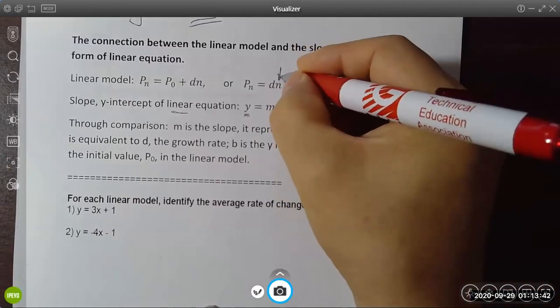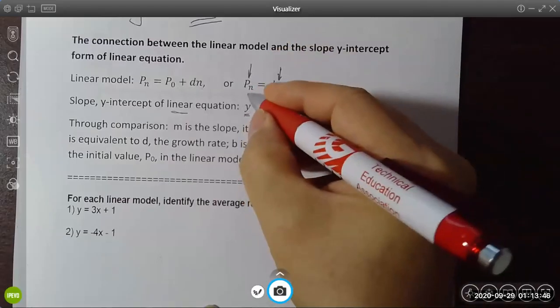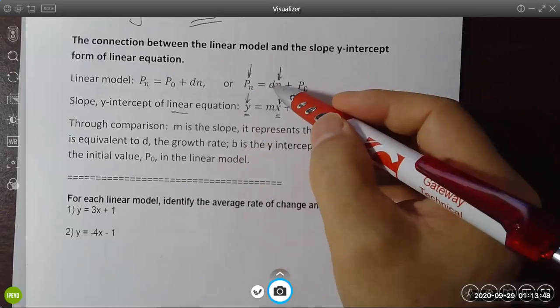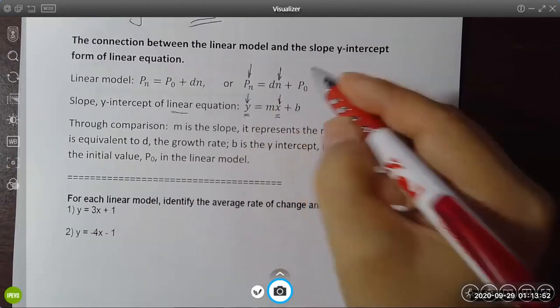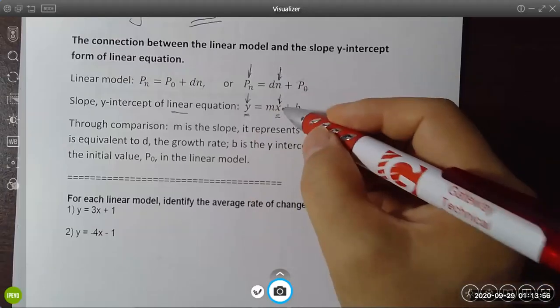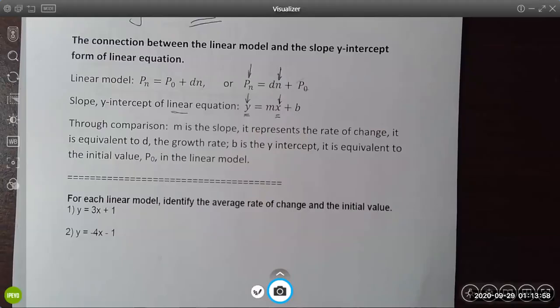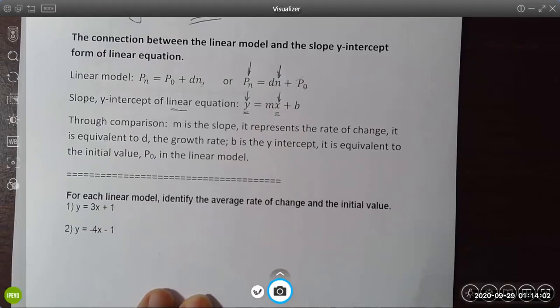This is our input, this is our output. There's a number in front of the input, and there's a constant number. In other words, these two have exactly the same structure.